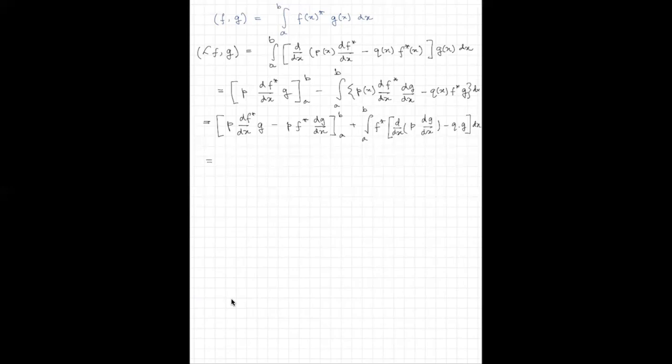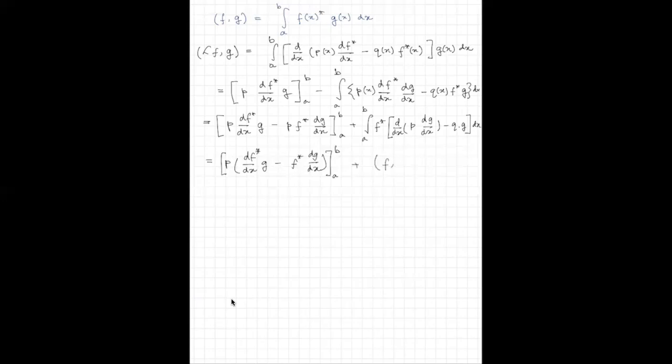So what is this? So you see that this is p df/dx g minus f* dg/dx, this on a and b, plus now what you have is the following.